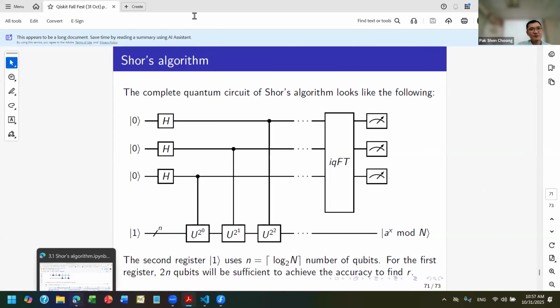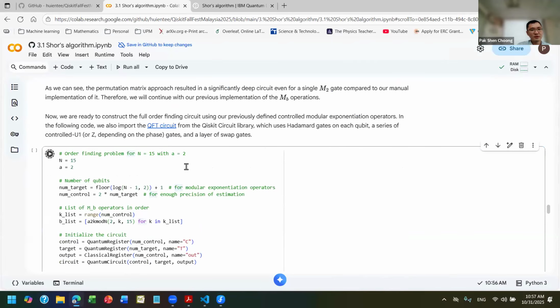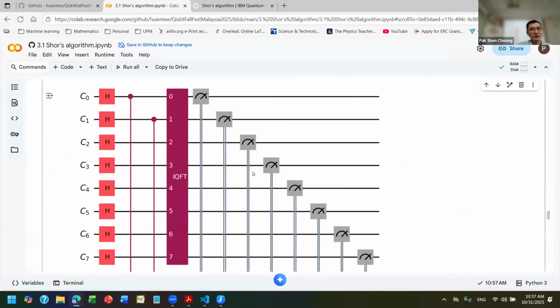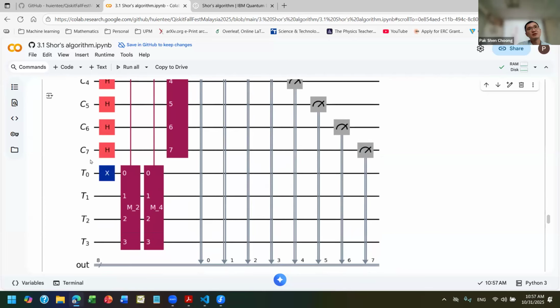Which is why from their implementation, you have 8 qubits on top, C0 until C7. T0 basically is the 1 state, and then you perform M2 as your first unitary, M4 as your second unitary, and then that's it.